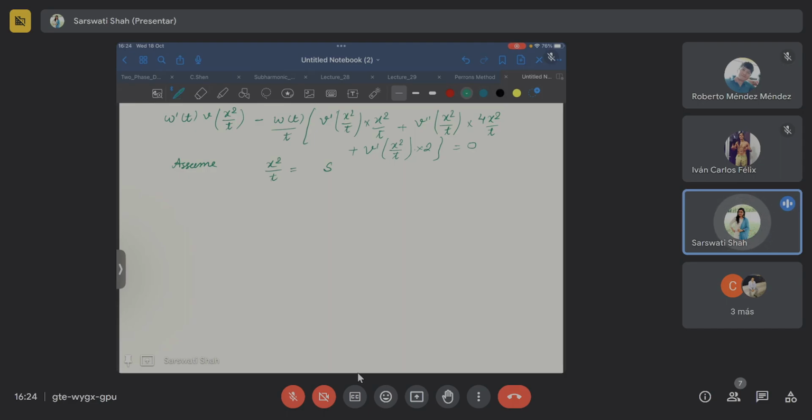Then substituting it in the above equation, it will give w'(t) v(s) minus w(t) over t times v''(s) into 4s, because x²/t is s, plus s v'(s) plus 2v'(s). Can you see something beautiful here? What is clicking in your mind?